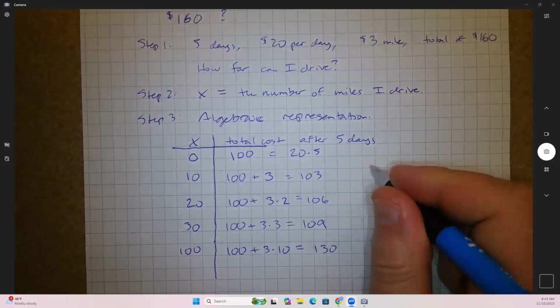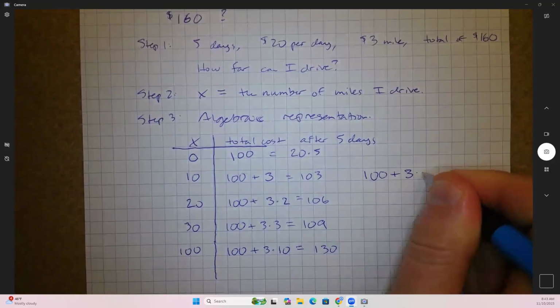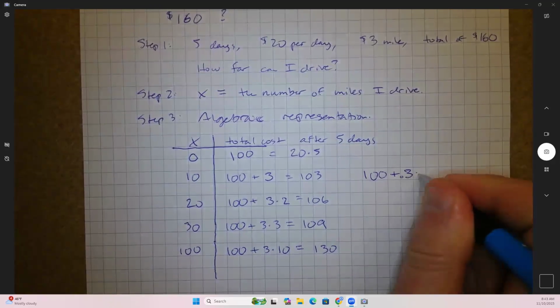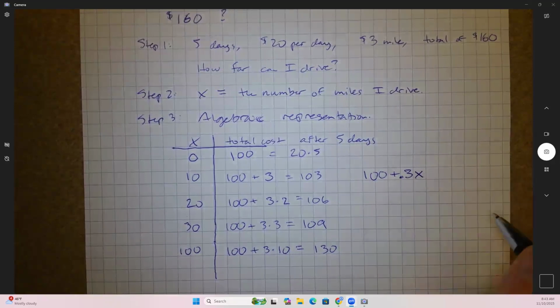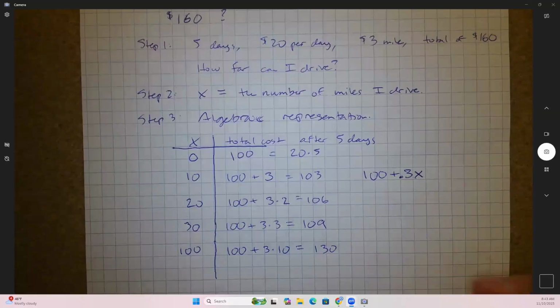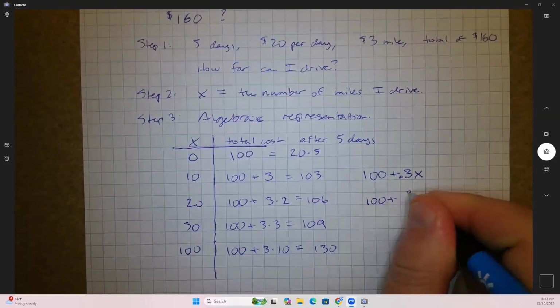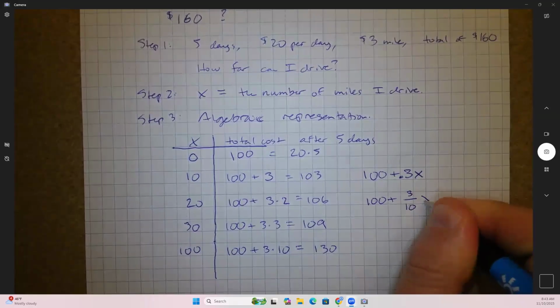But by building this table, I can see it's going to be 100 plus 30 cents per mile. Or I could think of it as $100 plus 3/10 times x.